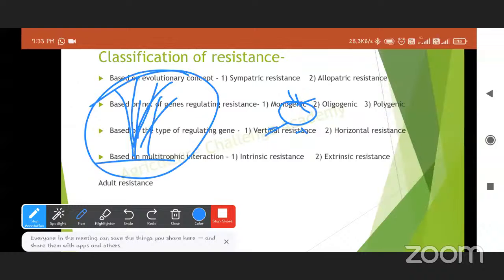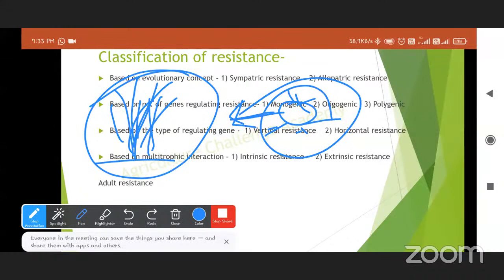Just consider, for the example, this is a rice plant, and this insect never came to this field. Not this insect only, the whole species of this insect never came to this field. But another insect came to this field.